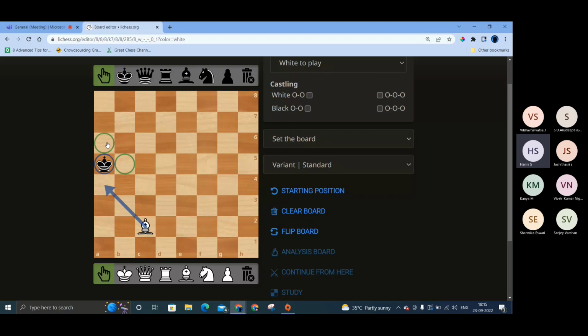Then where else can it go? It's easy, right? B4, it can go. One more square. B6. Very good. Okay, super.